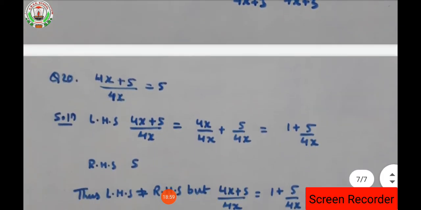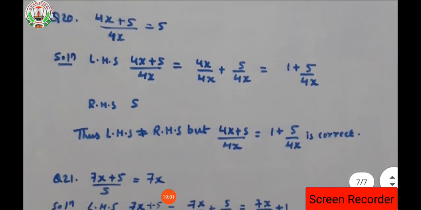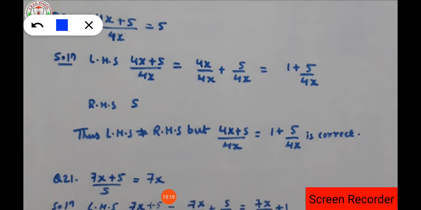Now, next question we are having as the 20th question, that is 4x plus 5 upon 4x is equals to 5. Okay, now what is the LHS we are having? That is 4x plus 5 upon 4x. Since two terms are present in the numerator, it is a binomial term, isn't it?